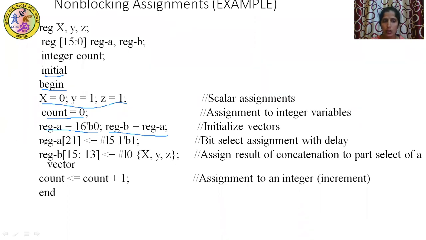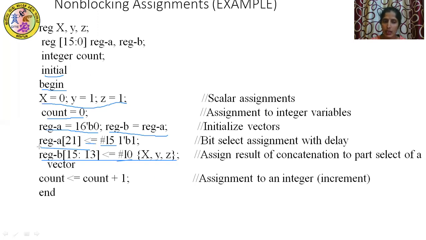Coming to the next statement, which is associated with a delay of 15 time units, and one more statement which is associated with a delay of 10 time units. Since we have used a non-blocking assignment operator here, the statement for register A will be executed after 15 time units, whereas the next statement will be executed after 10 time units.